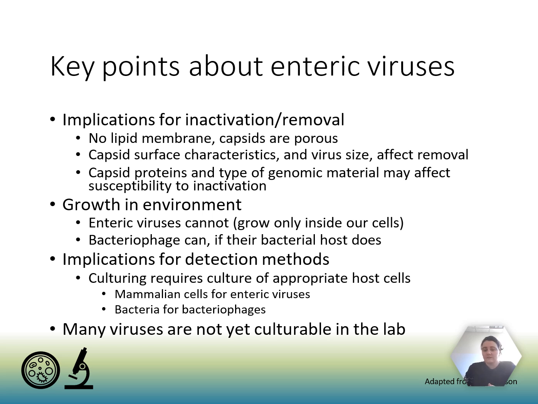So there's a lot of methods related to bacteria and mammalian cells to try and find these viruses, and many of them are not culturable in a lab. That's part of the reason that in a lot of our drinking water disinfection, we're seeing a lot of methods related to filtration, reverse osmosis, very fine membranes based on size, because it's very difficult to inactivate using UV or chlorine disinfection.